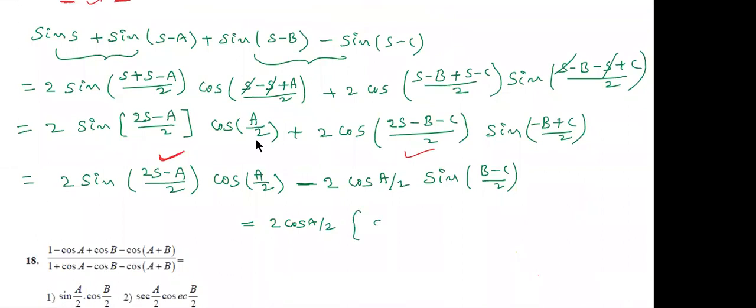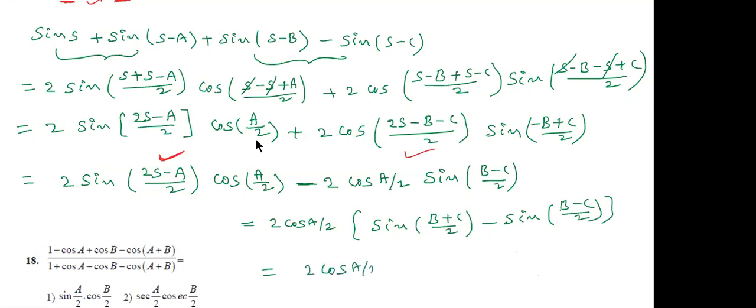Remaining: sine (B plus C)/2 minus sine (B minus C)/2. Now this is in the form of sine of (A plus B) minus sine of (A minus B). What is the formula? 2 cos A sin B, or not? That means 2 cos B/2 sin C/2.